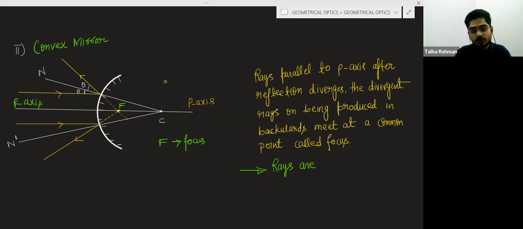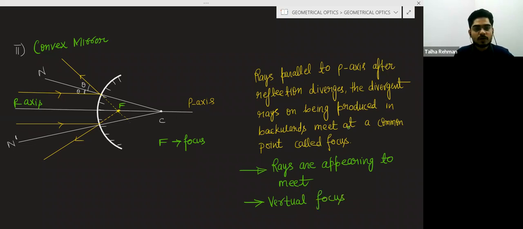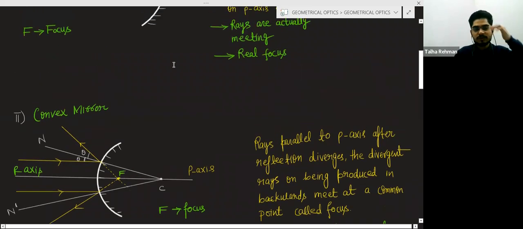They are just appearing to meet at this point. So you can write: rays are appearing to meet. So this will have an imaginary focus, or you can say virtual focus. So basically a convex mirror has a virtual focus.